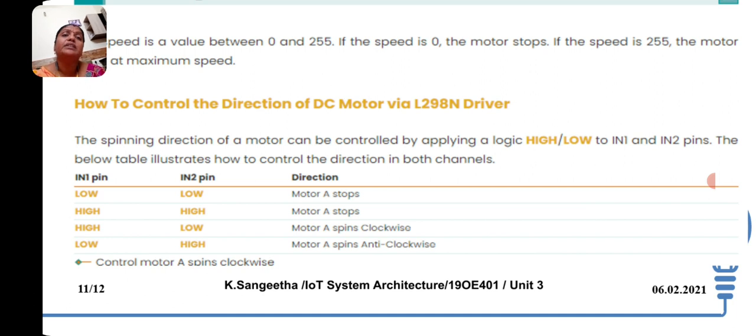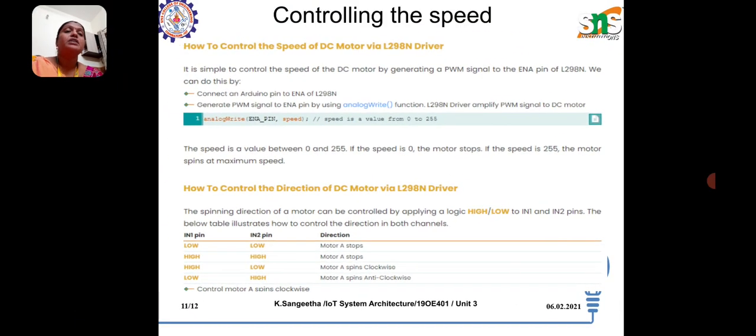To control the direction: if both pins are low, the motor stops, and if both pins are high, the motor stops. If the IN1 pin is high and the IN2 pin is low, the motor spins clockwise. If the IN1 pin is low and the IN2 pin is high, the motor spins anti-clockwise. This is the control logic to control the direction of the DC motor.